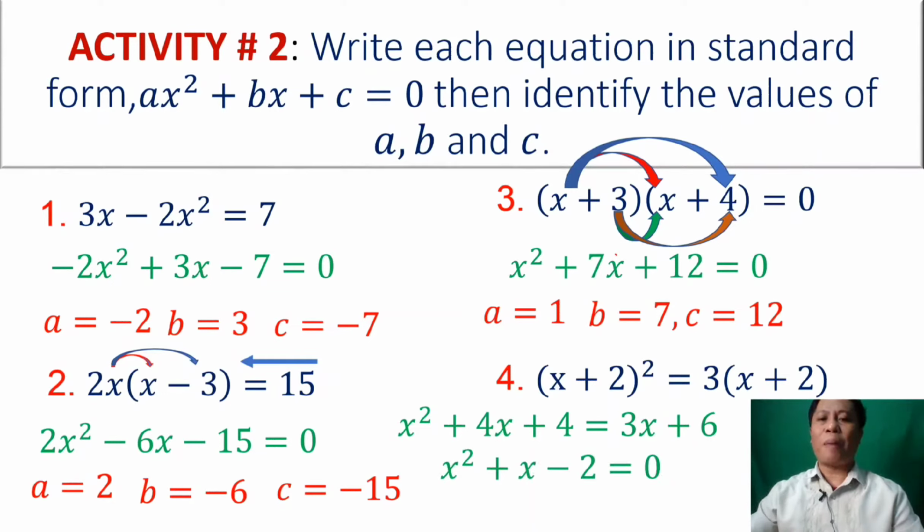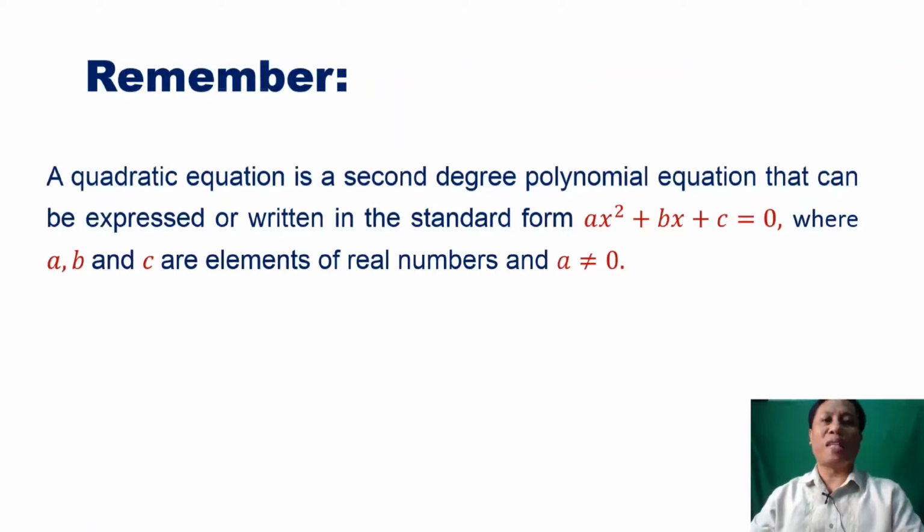Then you simplify. So it becomes x squared plus x minus 2 equals 0. What is the value of a? 1. The value of b? 1. And the value of c? Negative 2.